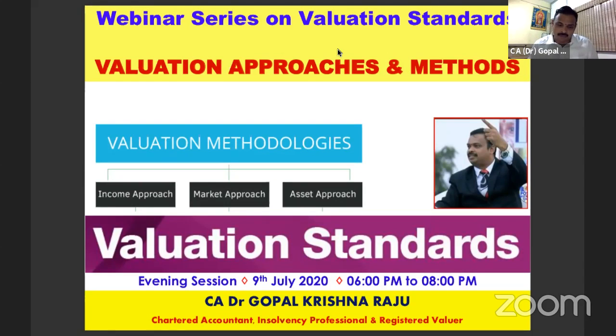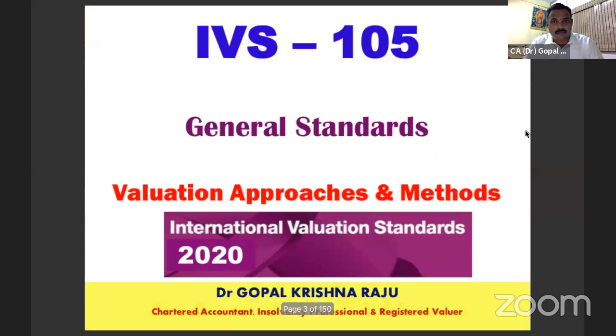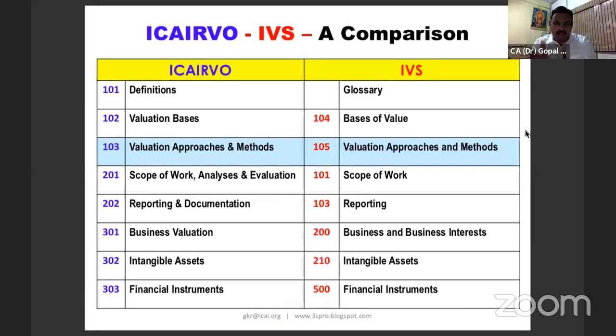Coming to today's topic, out of these 5 general standards, please look at the right hand side. The 5 general standards are 101, 102, 103, 104 and 105. I have equated them to our Indian standards also, the ICA RVO standards.